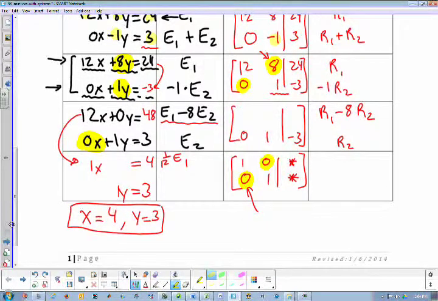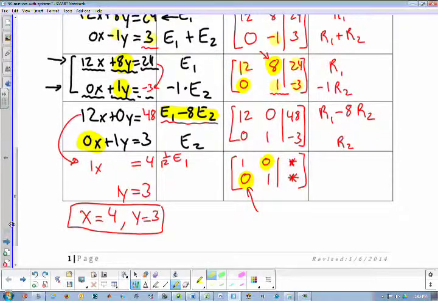That's exactly what we did over here. Okay? And so we don't have to mess with the x's and y's. So we take 12 minus 8 times 0, that's just 12. 8 minus 8 times 1, that is 0. 24 minus 8 times negative 3, that's going to give us 48.